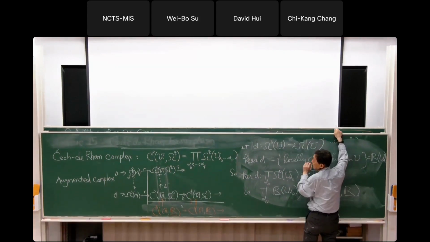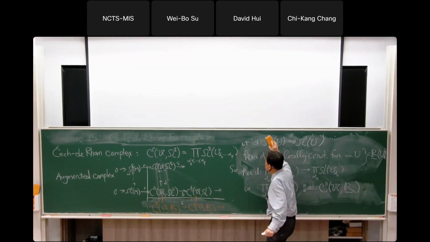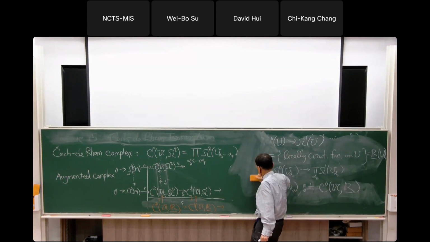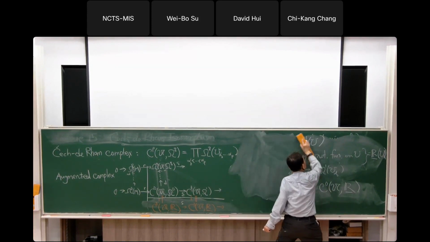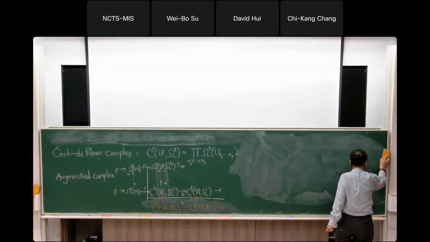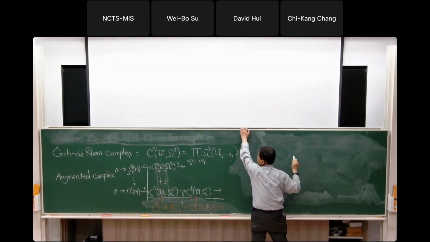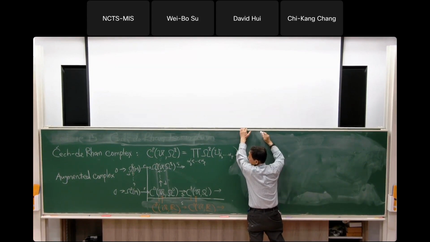And so that means all the columns are exact. So the columns of the double complex augmented with the bottom row are exact.